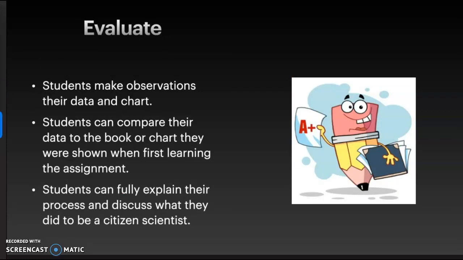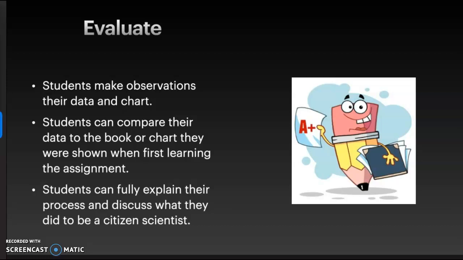And then for evaluate, students make their observations on their charts. Students can compare their data to the book or to the chart. When reading the book, it talks about what the little girl saw, how many bats she found, and so on.